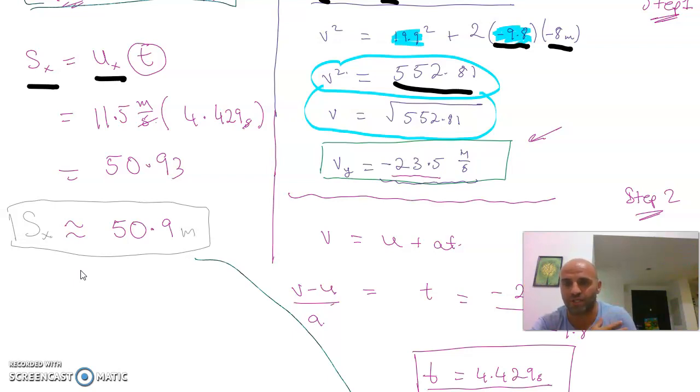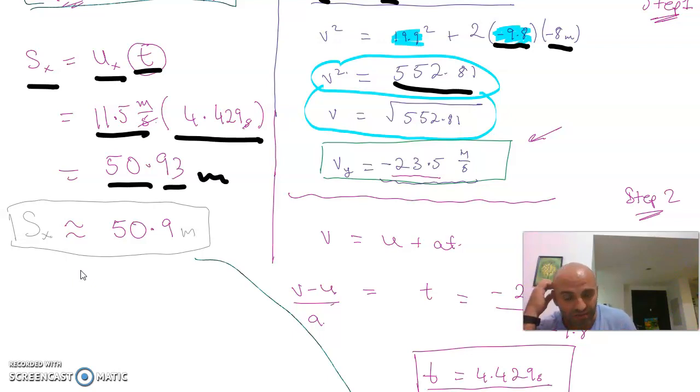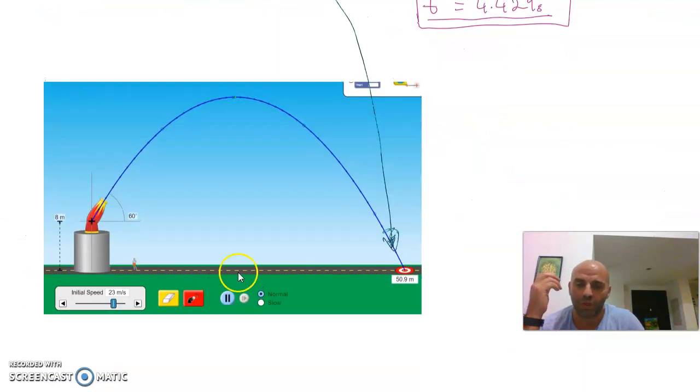I know I'm labouring that point, but it is worth mentioning and re-mentioning. So that's 11.5 meters per second times your time to give you 50.93, or approximately 50.9 meters.